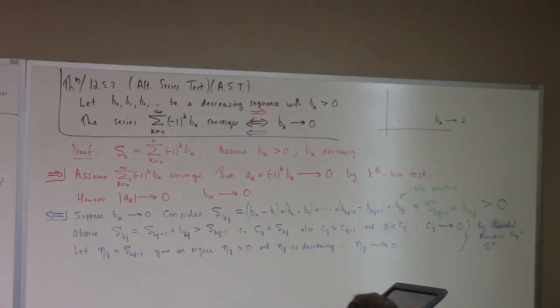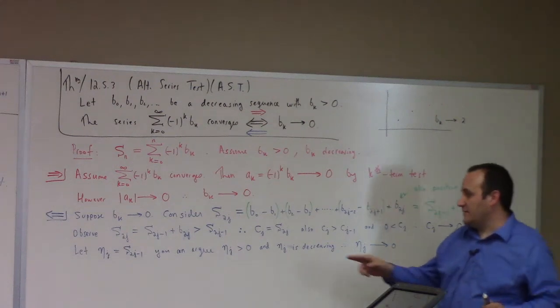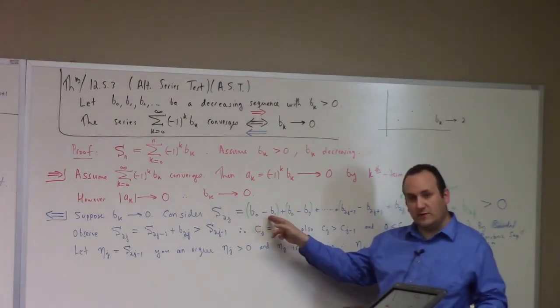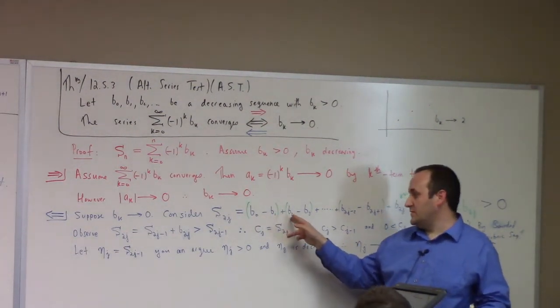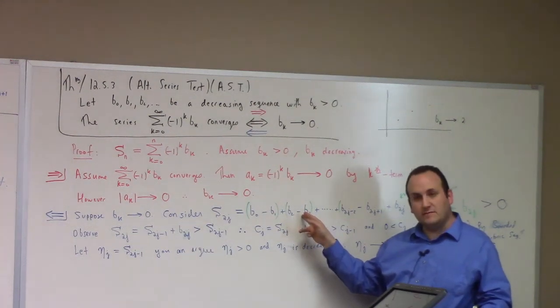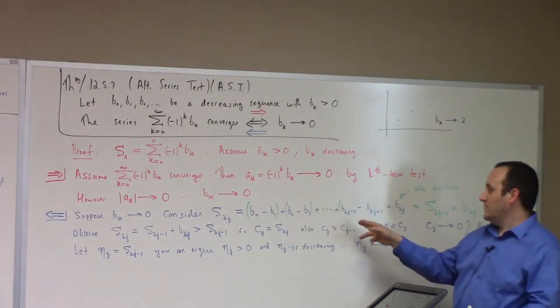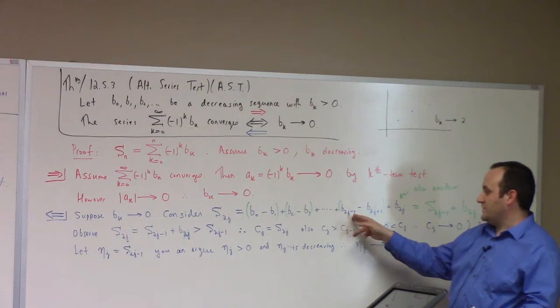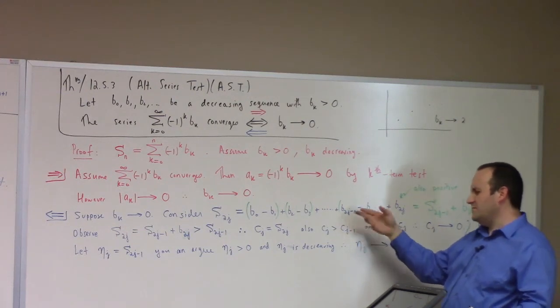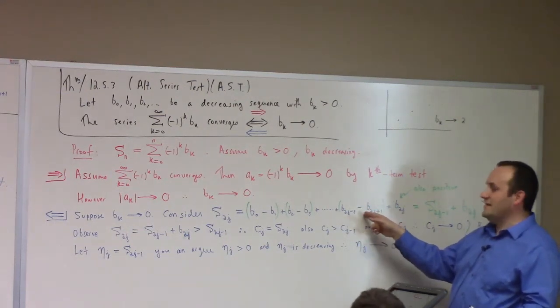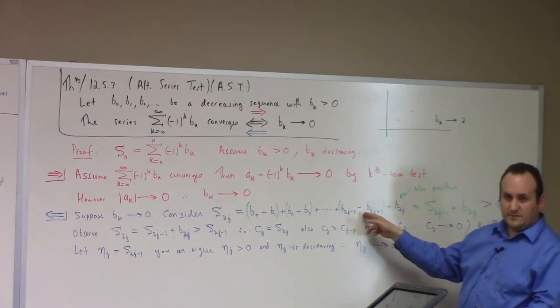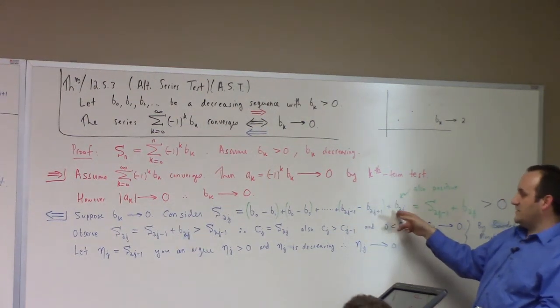Let's analyze an even partial sum. So take n equals 2j, all right? So think about that. You've got b naught minus b1 plus b2 minus b3, and then I just write the last 3: minus b(2j minus 3), plus b(2j minus 2), minus b(2j minus 1), and then finally plus b(2j).